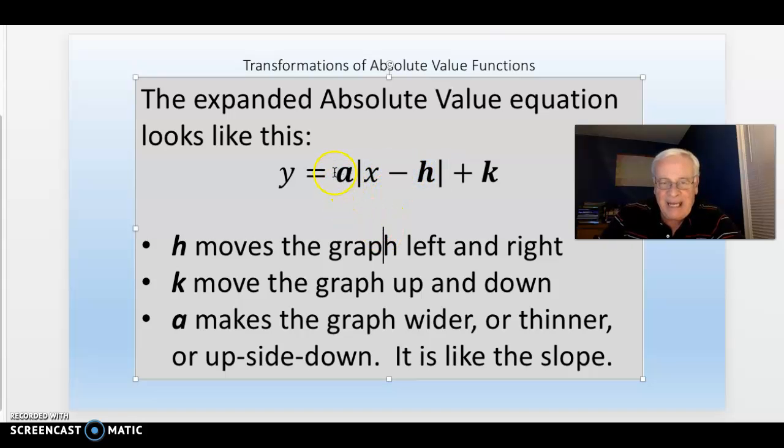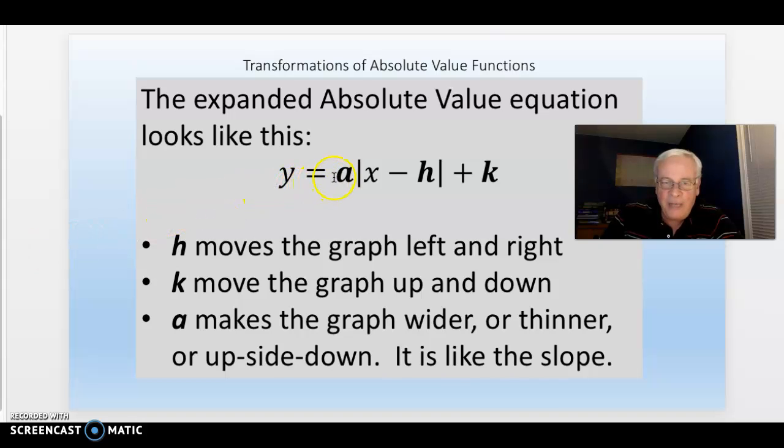All right, anyway, the a on the outside here, it makes the graph wider or thinner or upside down. It's kind of like the slope. If a is negative, it's upside down. Okay?